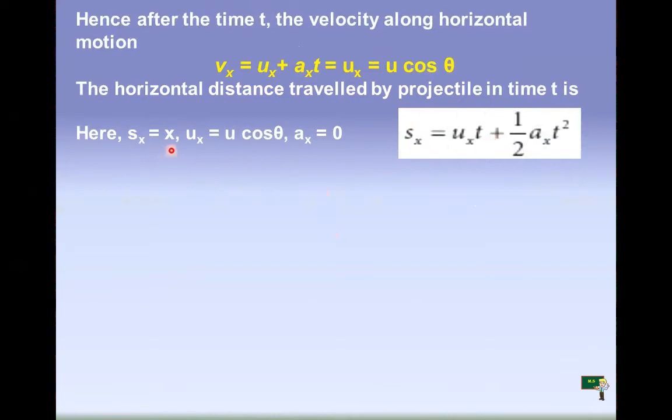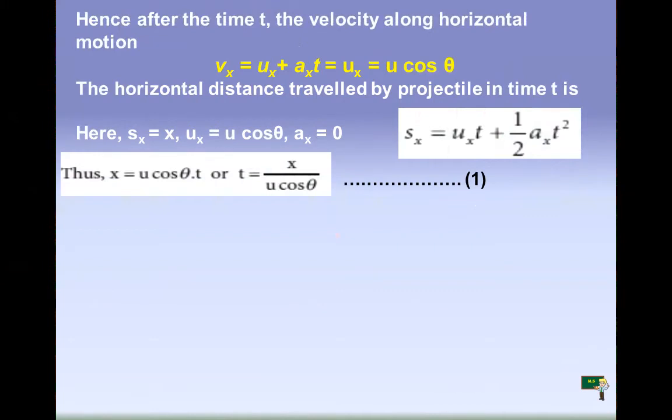We know Sx = x, ux = u cos theta, and ax = 0, because there is no horizontal acceleration. So substituting the values of Sx, ux and ax, we get x = u cos theta into t, or t = x by u cos theta, which is equation number 1.